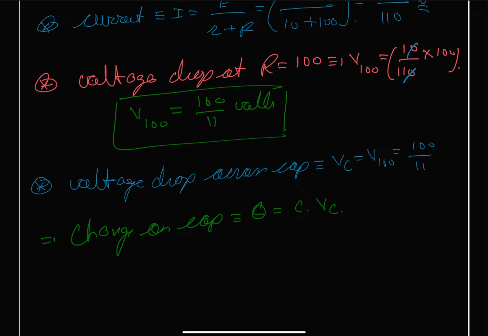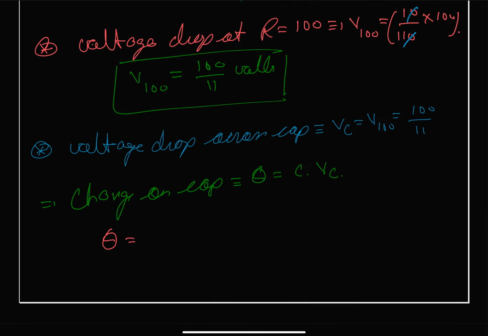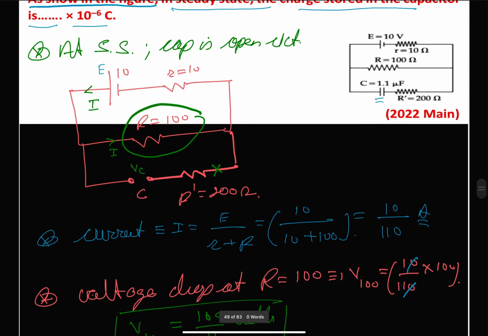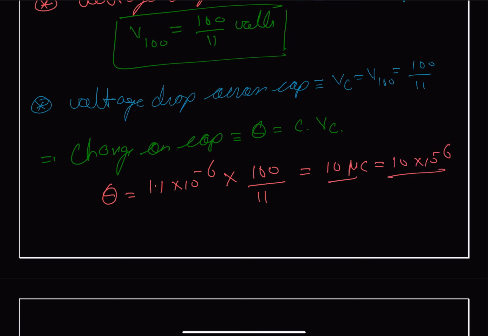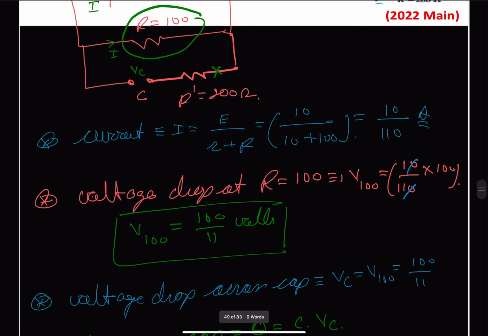So we get Q is equal to, capacitance is given to us as 1.1 microfarad, 1.1 into 10 to the power minus 6, and this is 100 divided by 11, and this comes as 10 into 10 to the power minus 6. So here we are going to get 10.